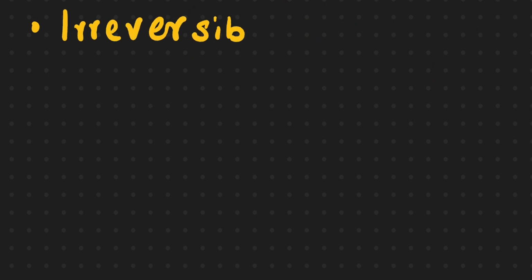Next, irreversibility. In the previous case, physisorption is reversible, but chemisorption involves compound formation. So this is usually an exothermic process, and it will be irreversible in nature.